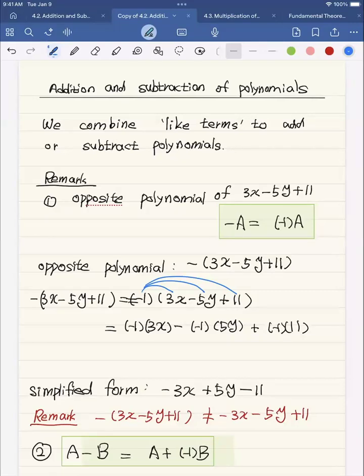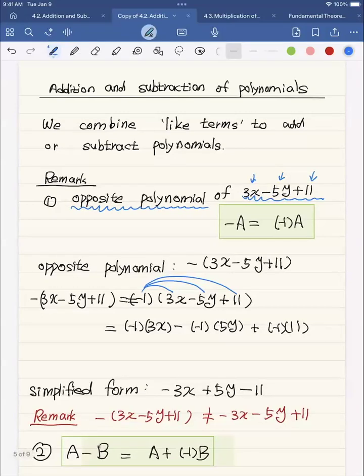When we say the polynomial is the opposite polynomial of the given polynomial, that simply means each term has the opposite sign. That means we multiply by -1 to the entire polynomial.